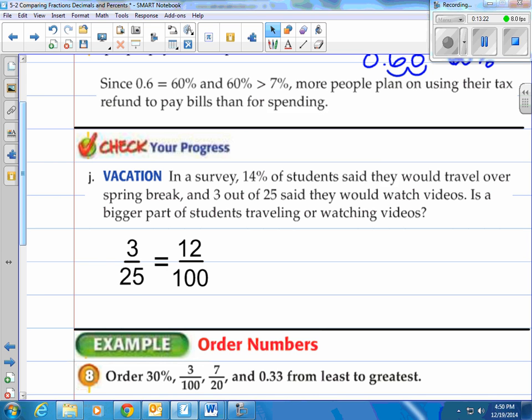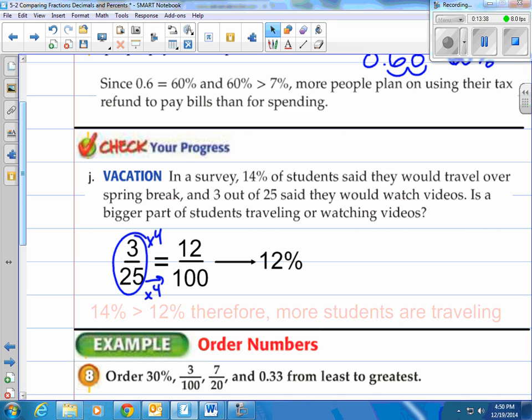I changed this into, again, hundredths by multiplying by 4. So I got 12 100ths. Well, hopefully you remember now, if you have 100 on the bottom, the top number is the percent. So we have, there it is, 12%. So we have 14% versus 12%. Wow, 14% is greater than 12%. Therefore, more students are traveling than watching videos.